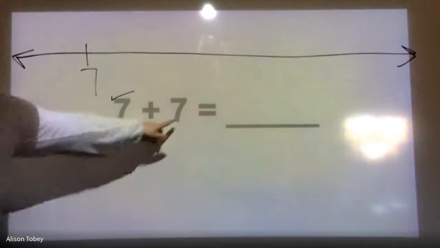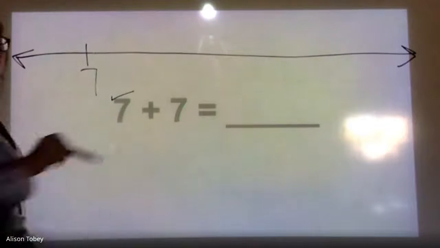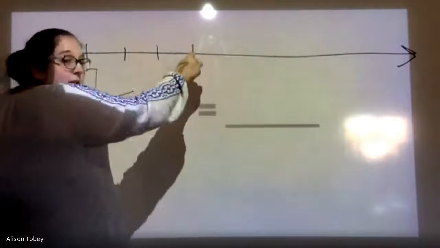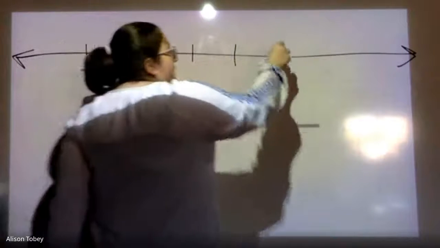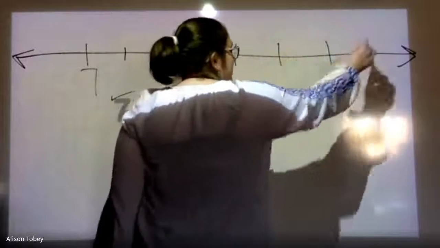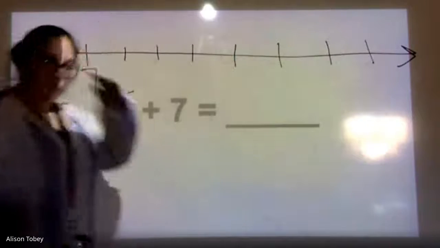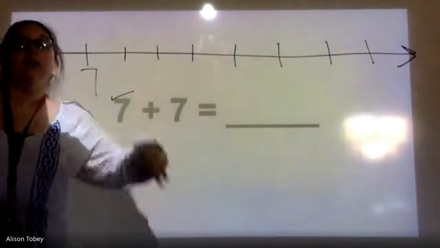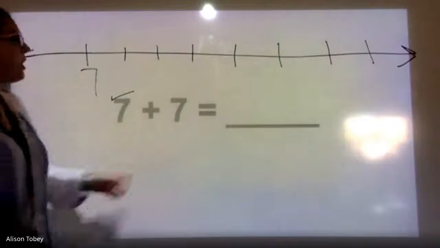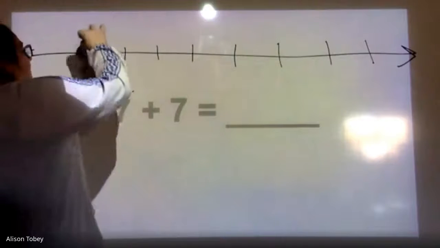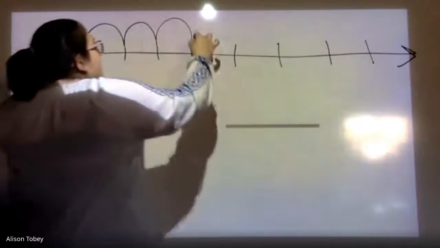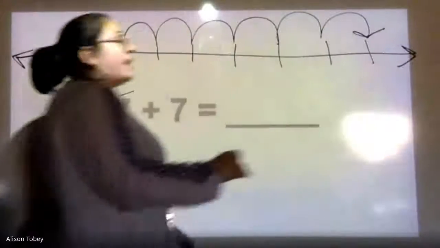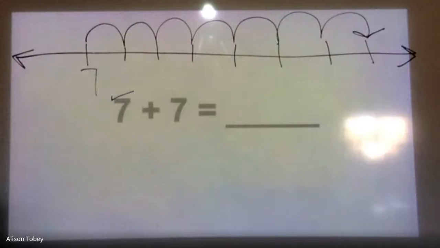So now we have to use this 7, don't we? We're gonna go 1, 2, 3, 4, 5, 6, 7. 1, 2, 3, 4, 5, 6, 7. We're gonna draw our skippies on top. So 7 lines and draw your skips on top.